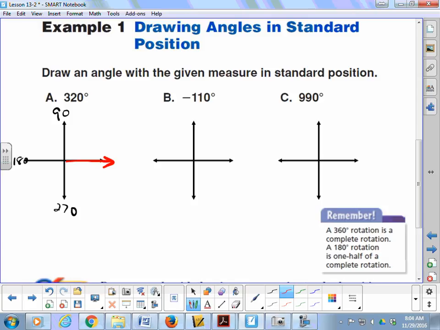Now, you don't have to be perfect with these, okay? So when we go around, here's 90, 180, 270, and now 320 would take us about another 50 degrees, right? So a little bit over halfway. So it's going to be a little bit closer to the x-axis than the y-axis here. And so we put an arrow there, and then I draw my terminal side. And this would be a positive 320 degrees.